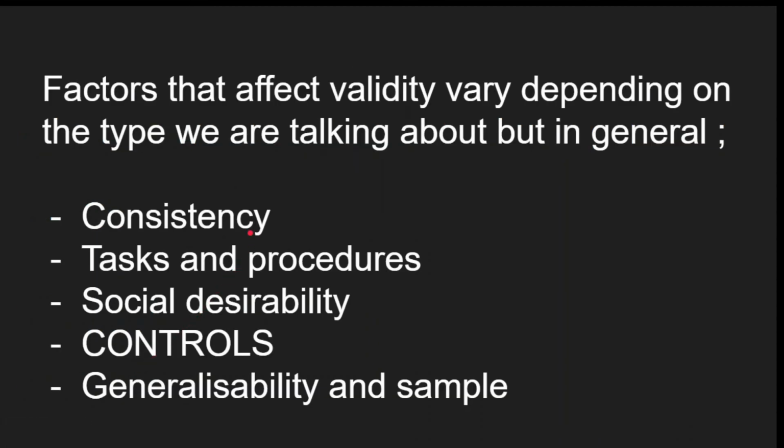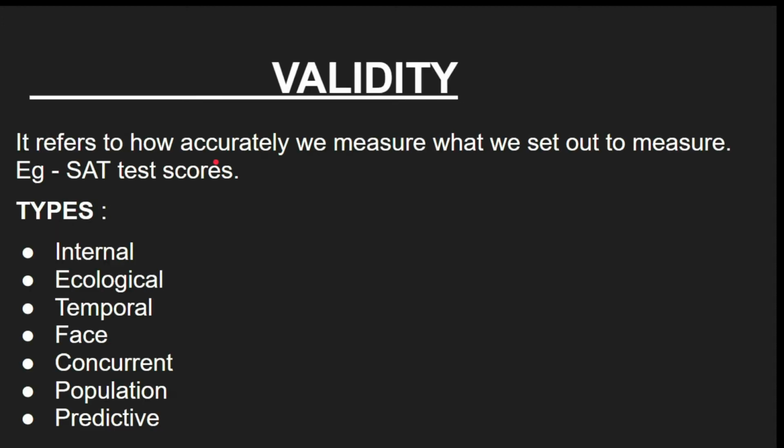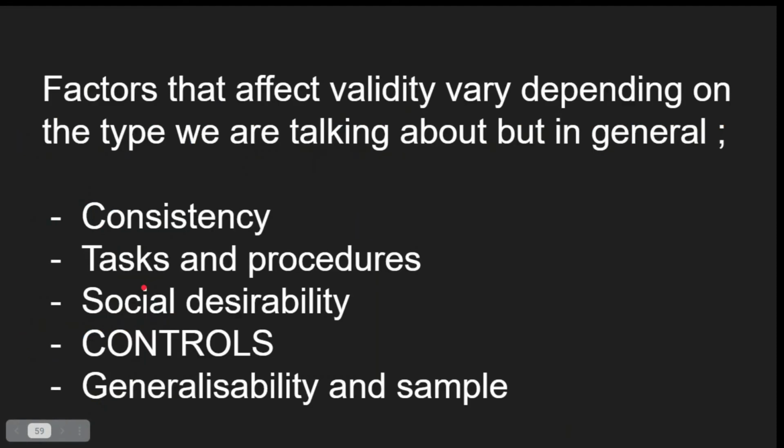So there are some factors that affect validity. You might notice that later on these factors also affect reliability because they're very similar things. These factors affect both validity and reliability, but in different ways, because the terms themselves mean different things, right? It depends on which type you're talking about, but in general, how consistent you've been in your procedures.